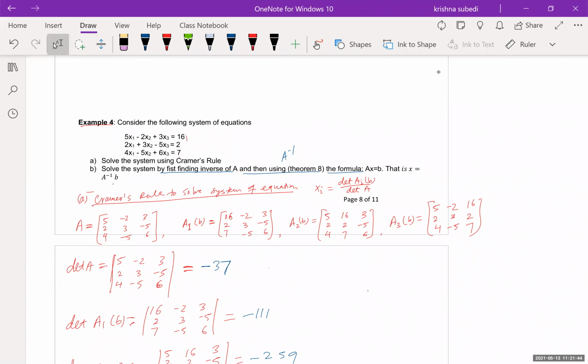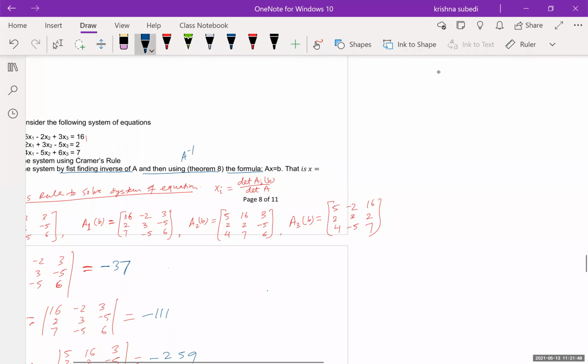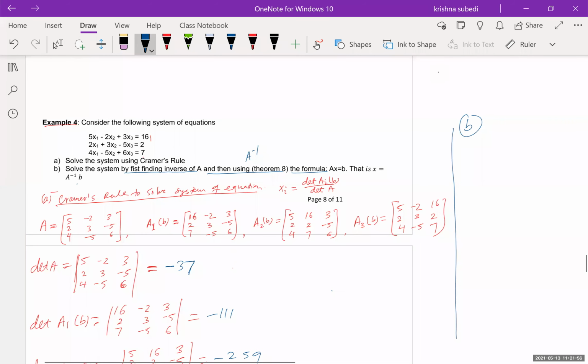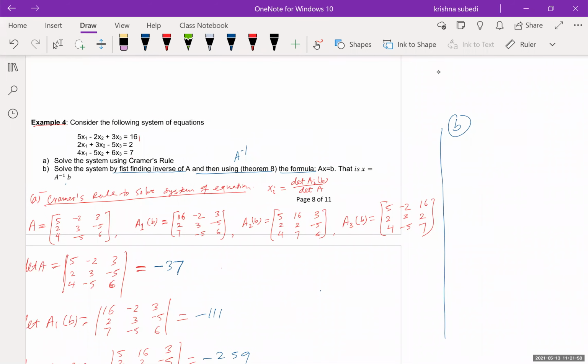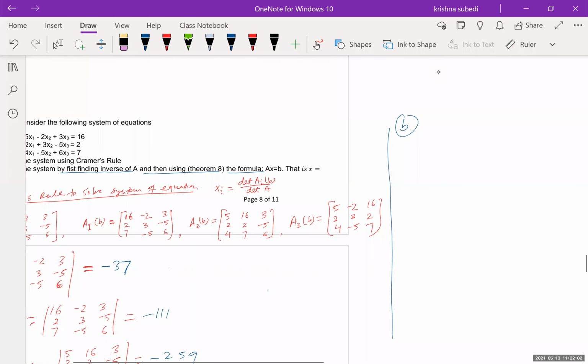Let's try this here, part B. So here A means the coefficient matrix of the system.